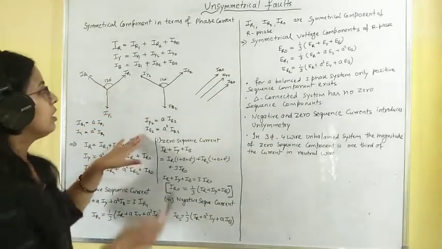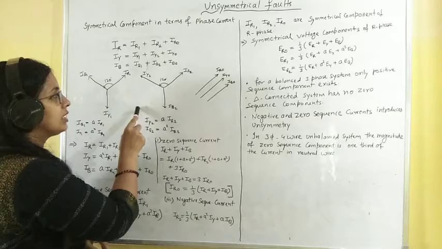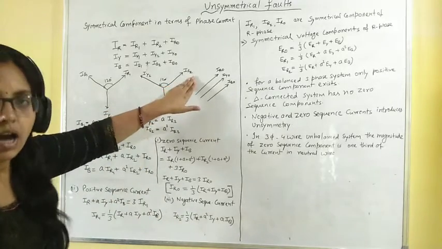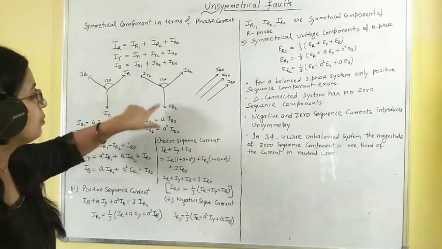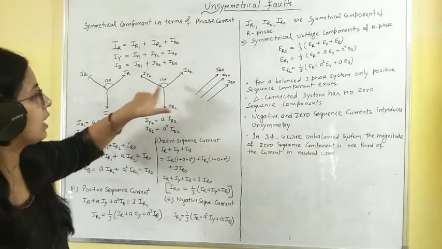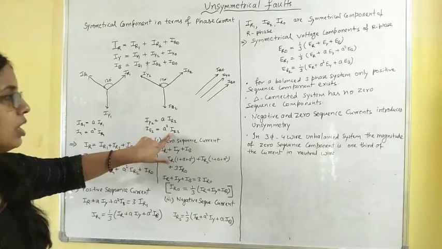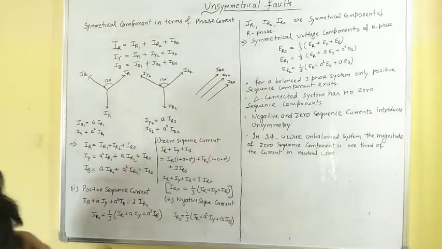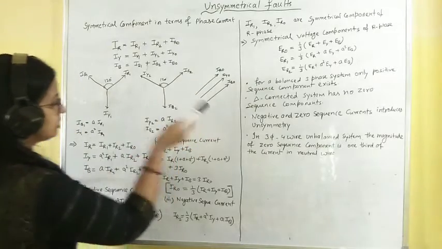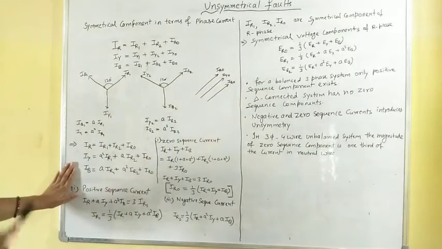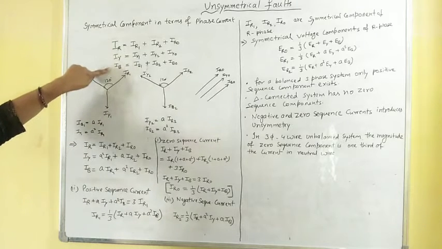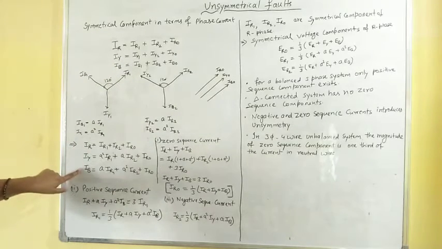Similarly, for the negative phase sequence, we can write IY2 as A times IR2 and IB2 as A square times IR2. But in the zero sequence component, there is no phase difference, so there is no need to write all of this, and these will all be equal. So this line current equation can be written as this.